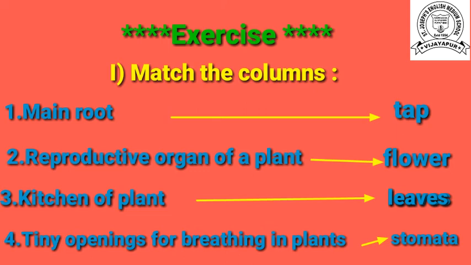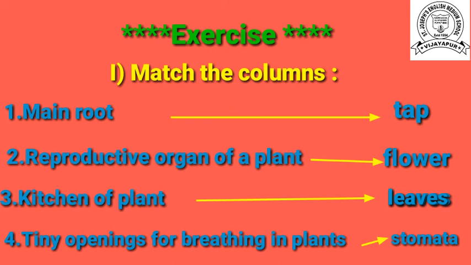So children, first of all, you match the columns in your science textbook on page number 123. Then you write in your science classwork and put arrows. Main root, put an arrow, write tap.